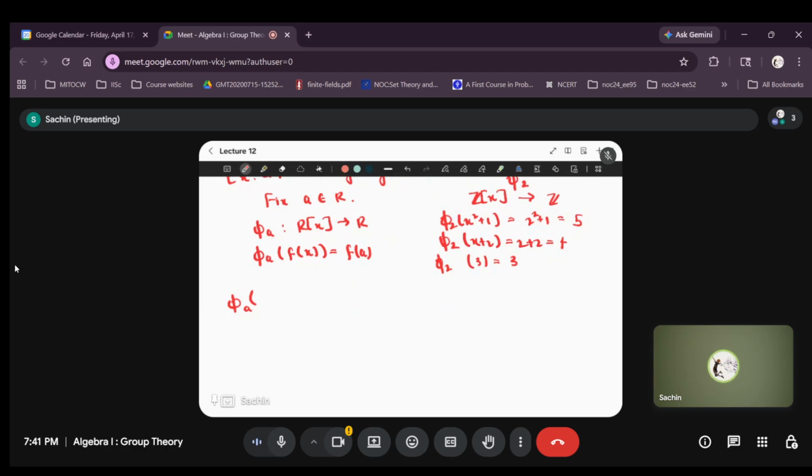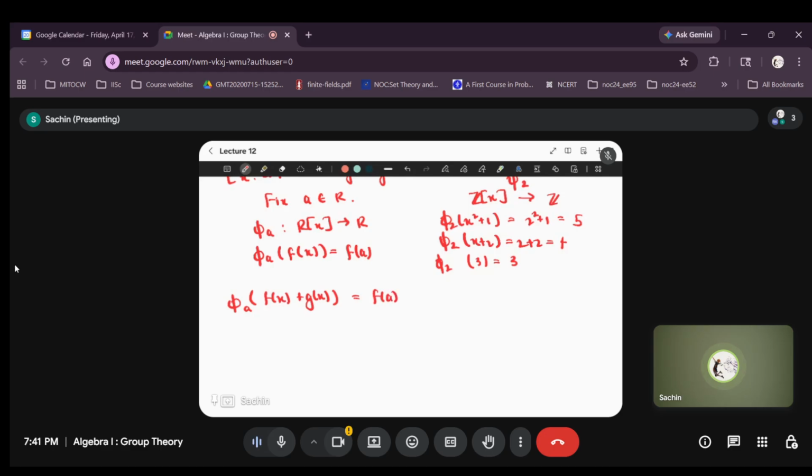You can say f of x and g of x, because they are both polynomials in x.